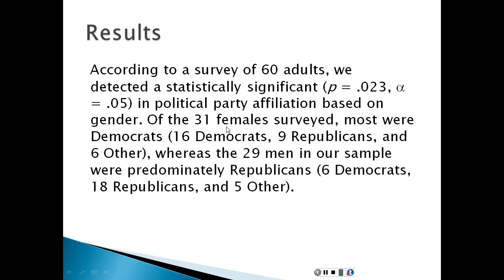Of the 31 females surveyed, most are Democrats, 16 Democrats, 9 Republicans, 6 other, whereas the 29 men in our sample were predominantly Republicans, 6 Democrats, 18 Republicans, 5 other. Notice, not only did we give our significance results, but we also tied it into our clustered bar chart as well. Hopefully you feel a little more comfortable reading, interpreting, completing chi-square tests.